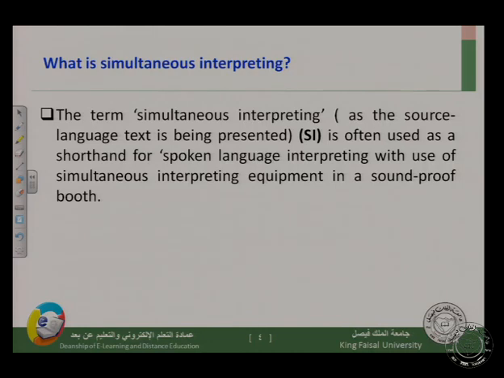So it has something to do with spoken language interpreting, and you interpret through oral translation as the source language text is written, or as someone is talking, or as someone is speaking.